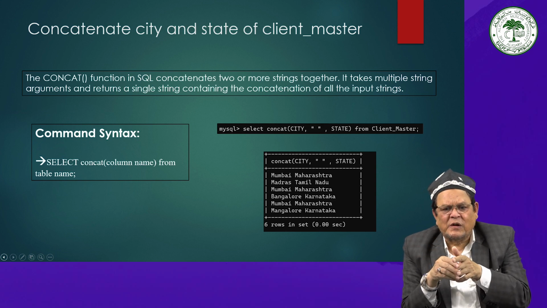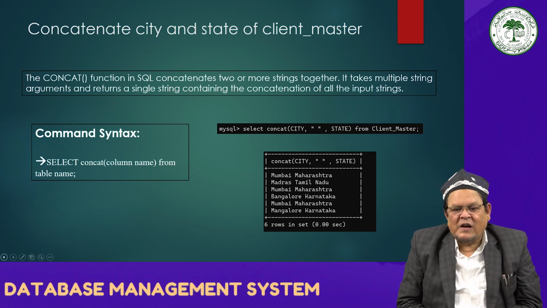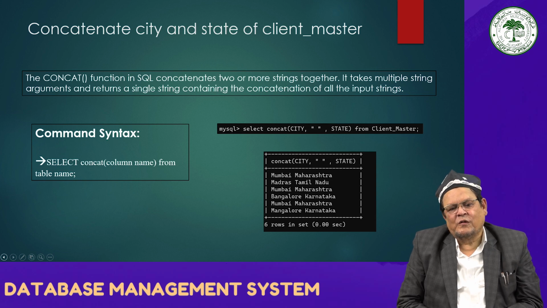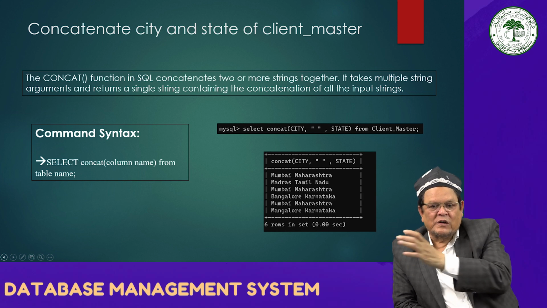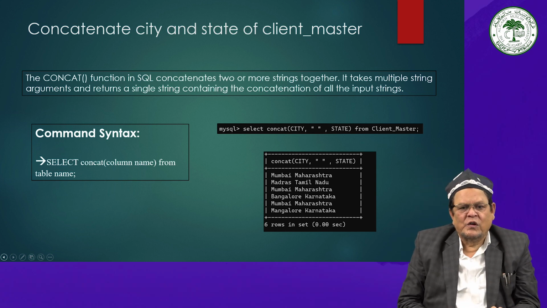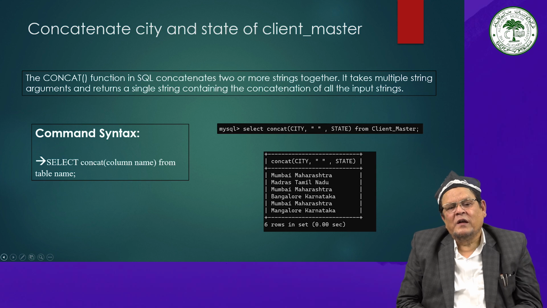When you run this, it will show the concatenated city and state, like Bombay, Maharashtra; Mumbai, Maharashtra; Bangalore, Karnataka; Mangalore, Karnataka. You can add two or three more within commas.